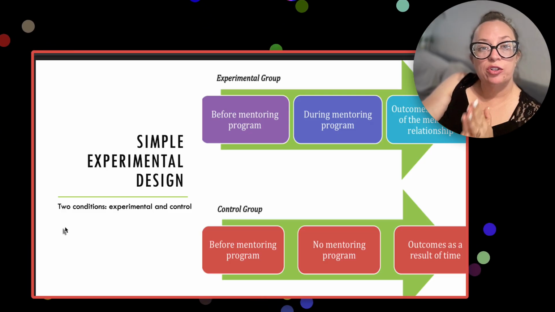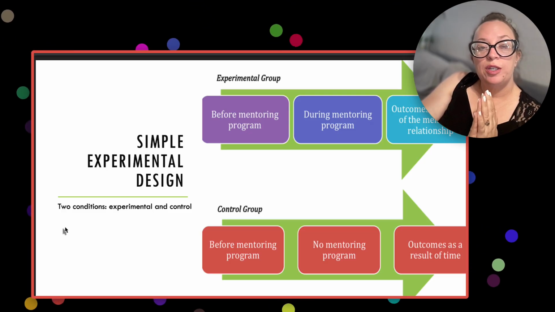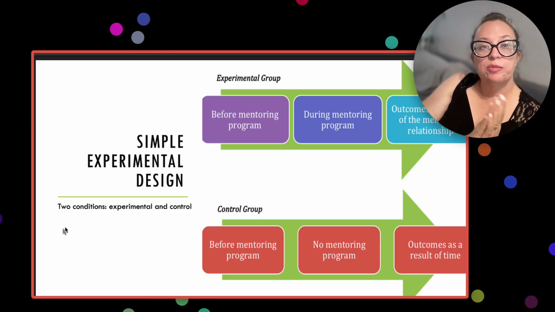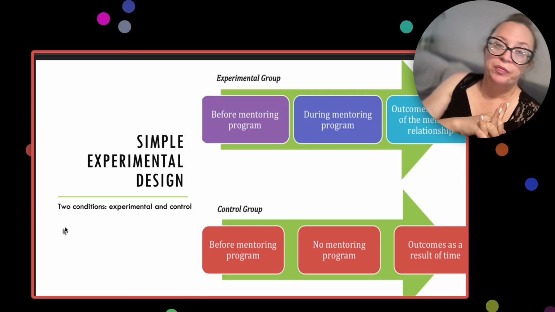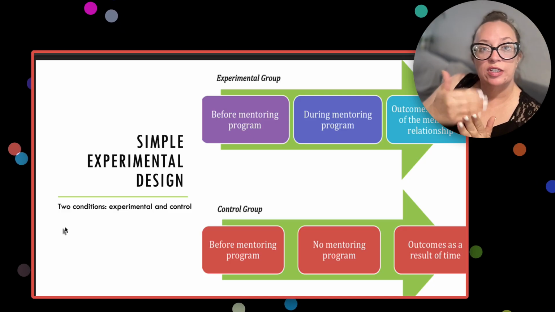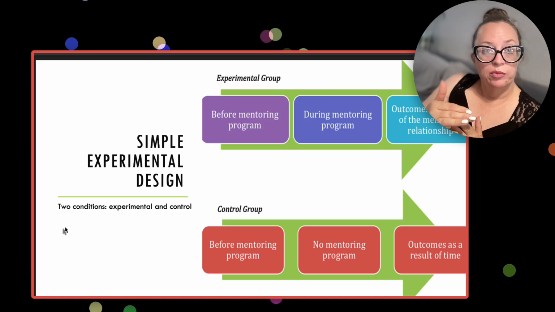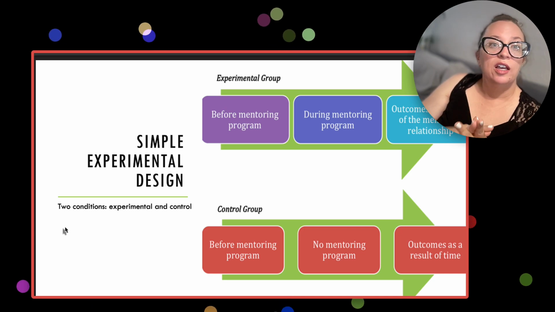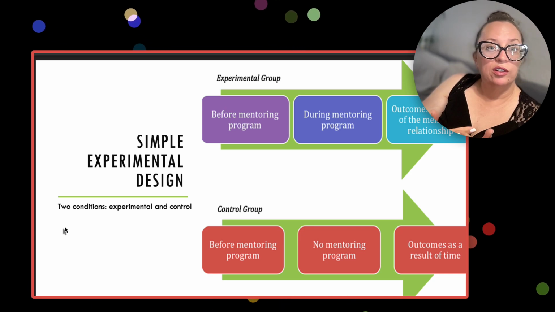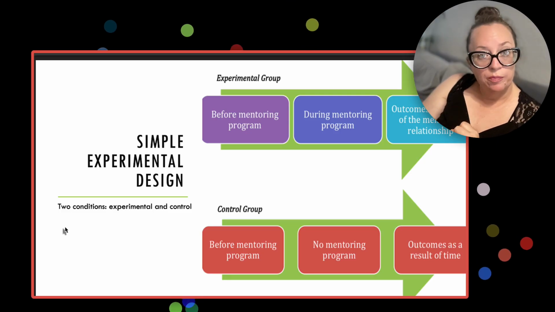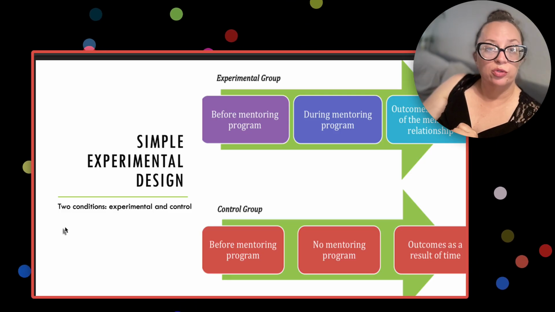So in the experimental group, we see people before a mentoring program, during the mentoring program, then the outcomes as a result of the mentoring program. And then we have another group that follows the same timeline, and we look at outcomes as a result of time, right? We could assume this is an academic mentoring. How much would somebody improve over the course of time naturally, right? We would want that comparison group.